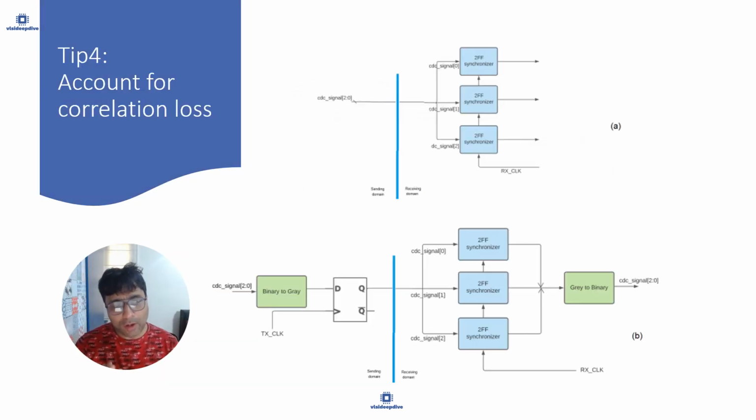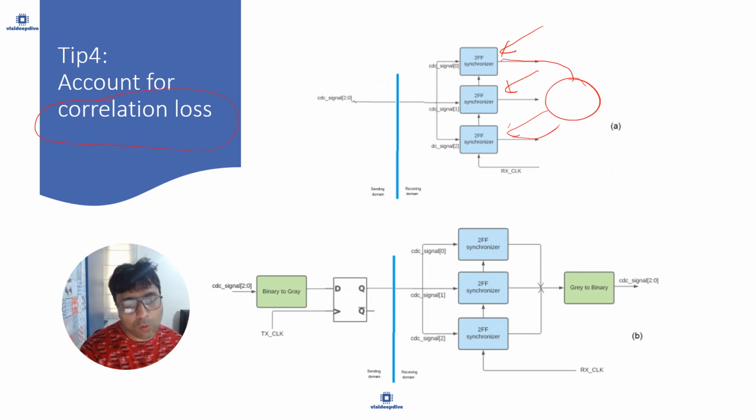Tip number 4, when there are multiple synchronizers in the design, like in this case synchronizer 1, synchronizer 2, synchronizer 3, when they converge later in the design, there will be what is known as correlation loss. Account for that correlation loss when you're designing.